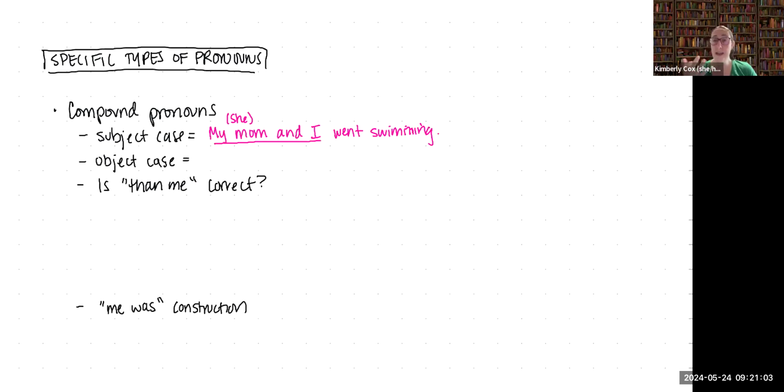So this is going to be a little bit different than looking at the object case in relationship to compound pronouns. So here is an illustration, and I'm going to use all pronouns so you can see.